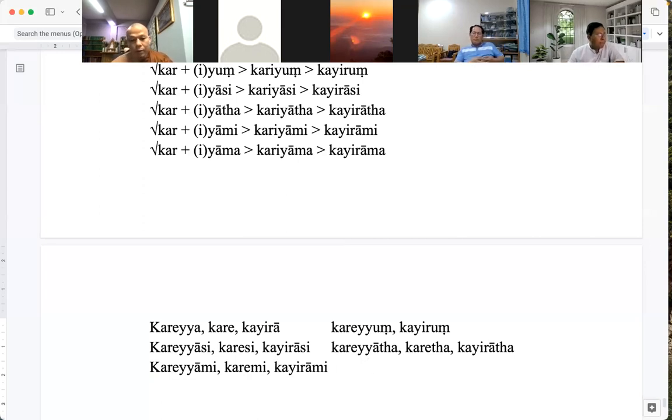And then plural, regular form is kariyama, and then contracted form is karima, and then finally irregular form is kayirama.